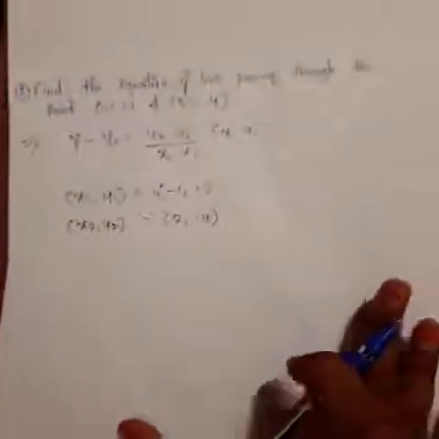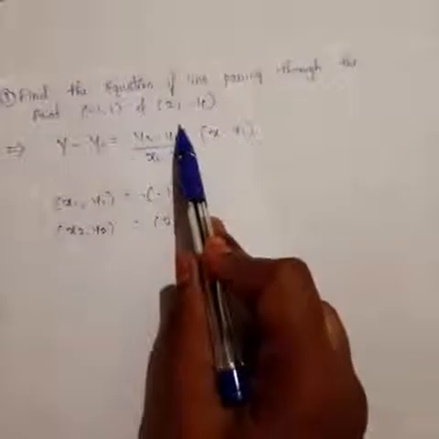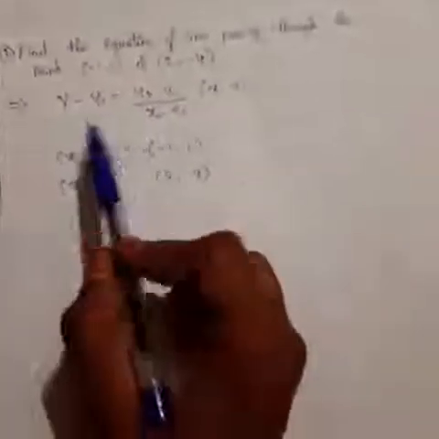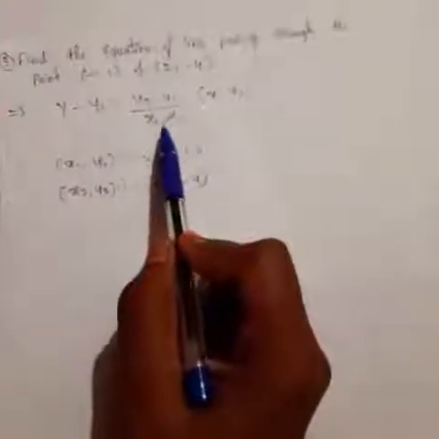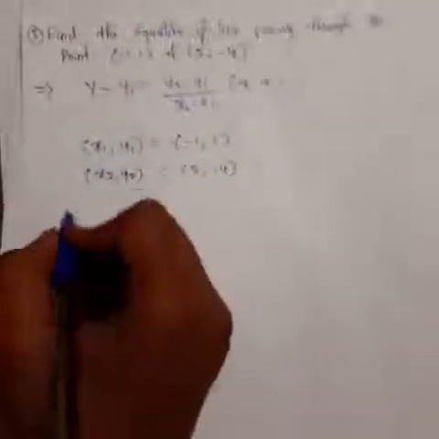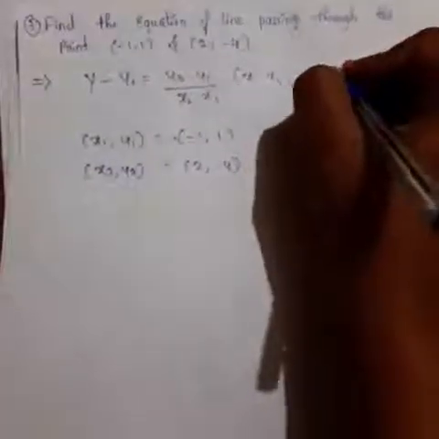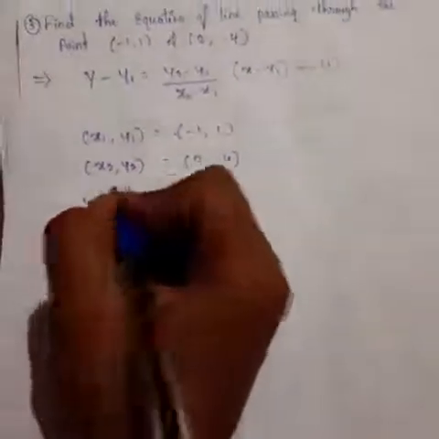Remember that if they are given only 2 points, we have to use the 2-point form method. The formula is y minus y1 is equal to y2 minus y1 divided by x2 minus x1, into x minus x1. Put all these values in this equation, that is equation number 1. Y as it is, minus y1.